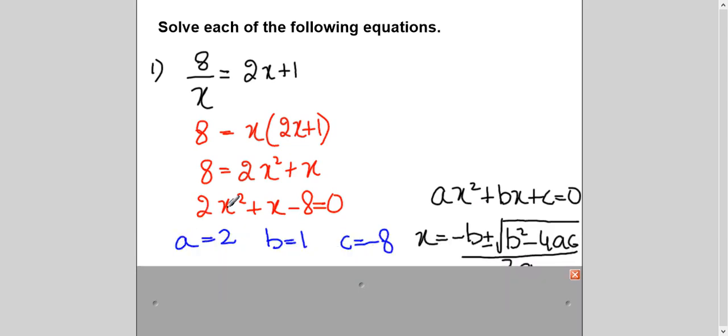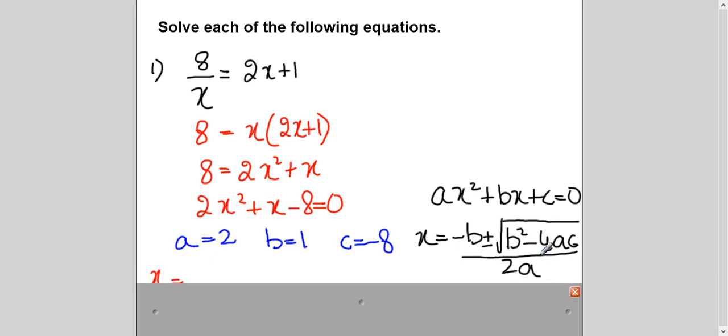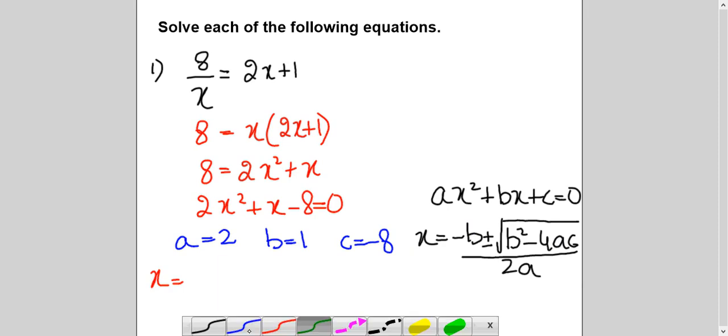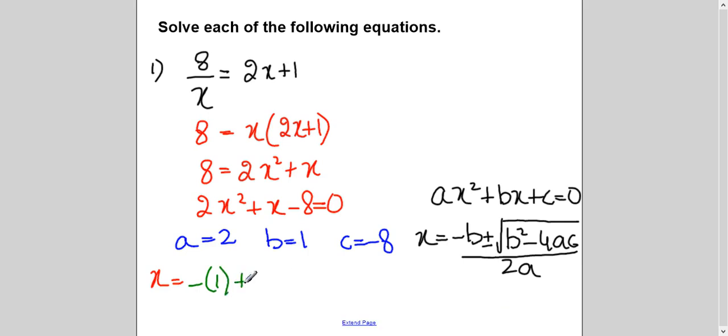So now I know a is 2, b is 1, c is minus 8. If you need to go into detail of this, watch video number 2, the link for which is given in the description below. And this is the quadratic formula. So I will substitute the values of a, b, c in this formula, right? So let's do it. b is 1, plus minus, then b squared means 1 squared, minus 4, a is 2 and c is minus 8.